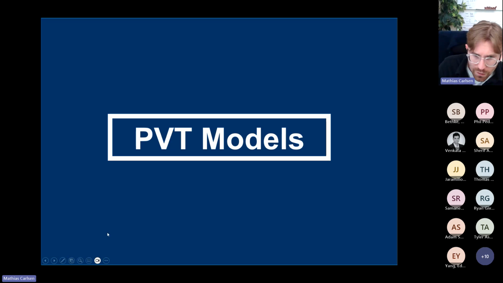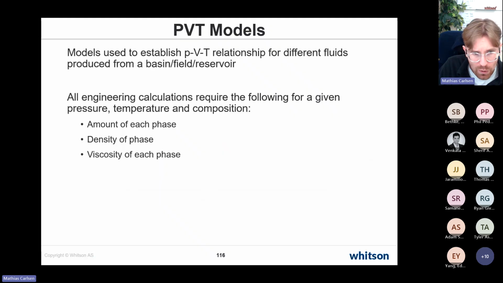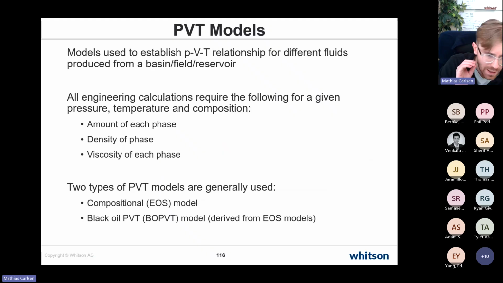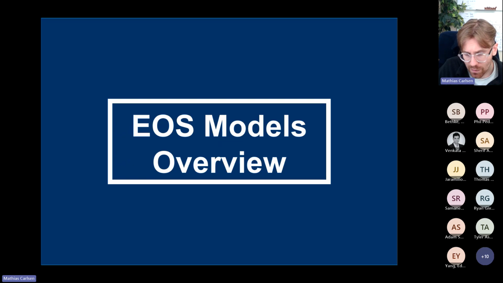There are two different types of PVT models that we're dealing with in the petroleum domain. The two models that we're going to deal with in this course are the compositional model, what we call an equation of state model, and the black oil PVT model. Equation of state model, just at a very high level overview.